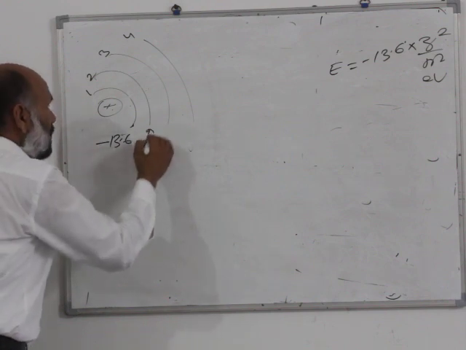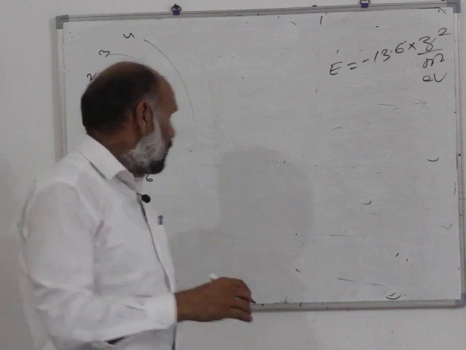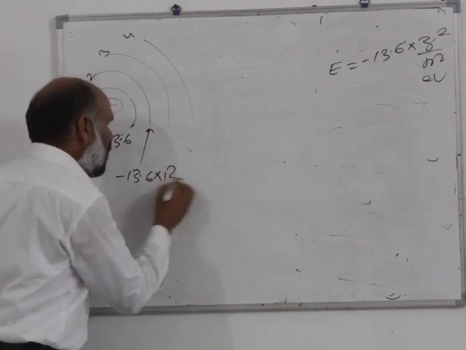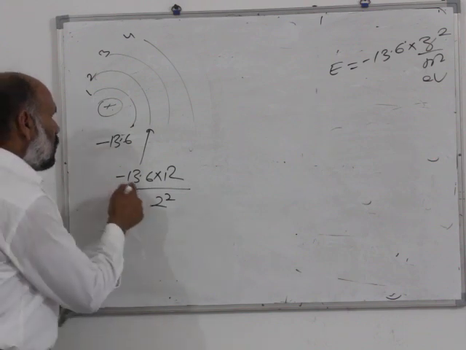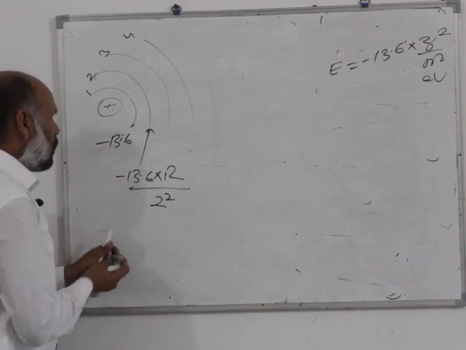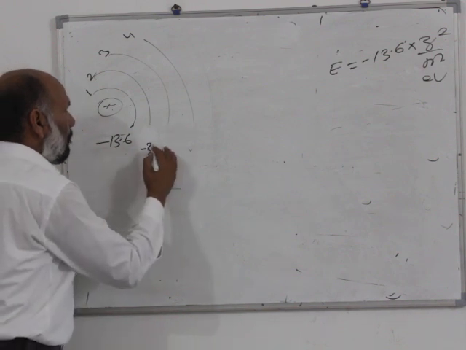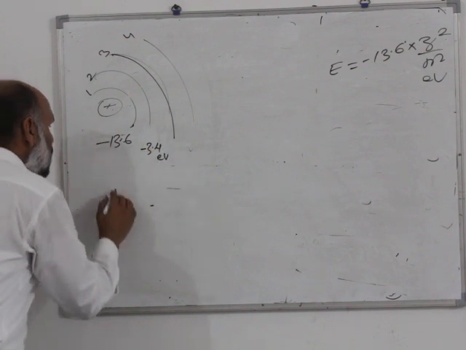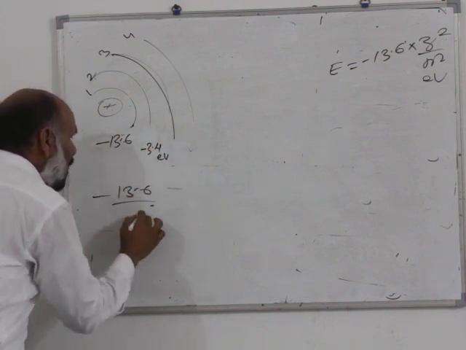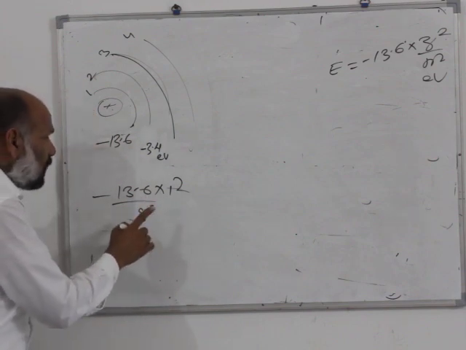What is the energy in the second orbit? Minus 13.6 into z square by n square. So that is 13.6 divided by 4, and that is 3.4. So minus 3.4 electron volt. And the third orbit, 13.6 divided by 9, square of 3, because z square by square of 3, 9.